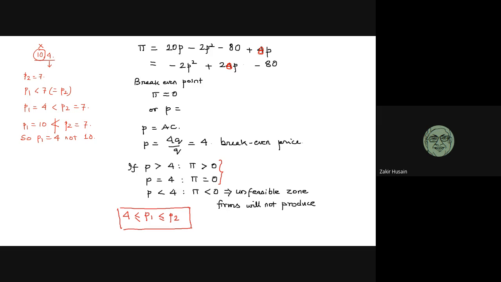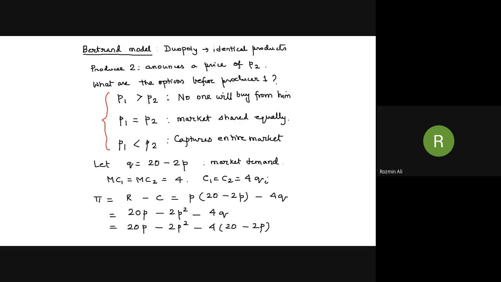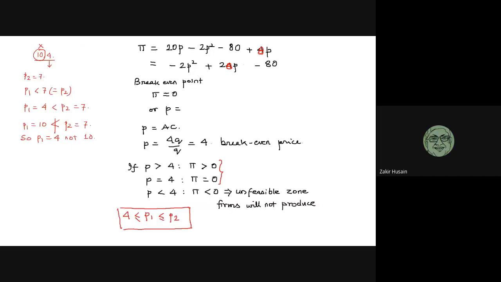I had a question. P1 less than 7. Where did this come from? Are we assuming it? Yeah, that is what we have done. Okay, sir.